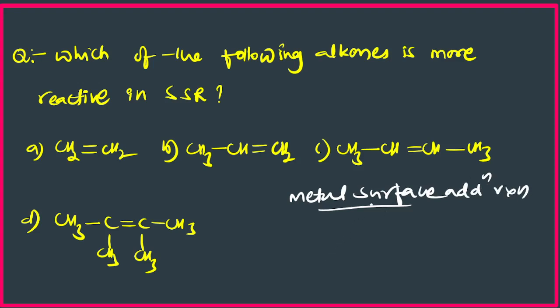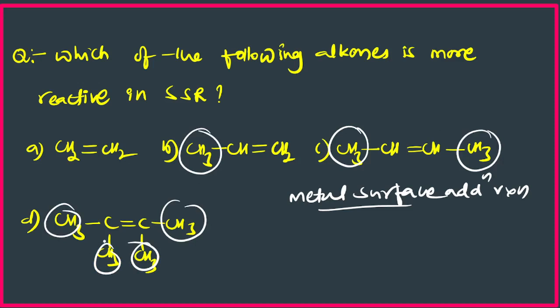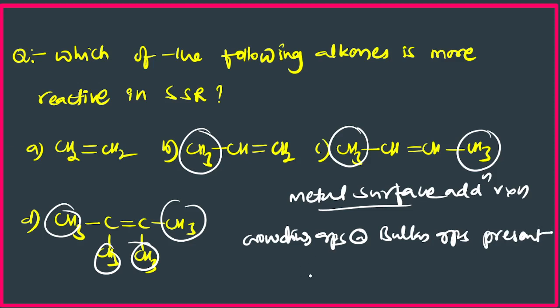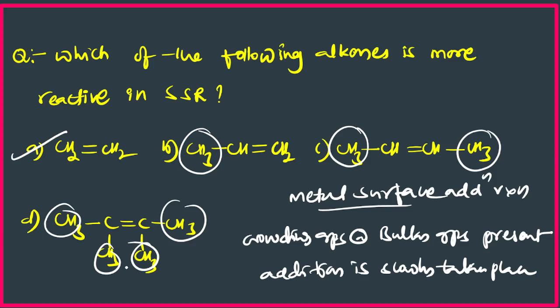In a metal surface addition reaction, when crowding groups or bulky groups are present, addition takes place slowly. Counting the groups, some alkenes have four groups while another has one group. So our option is the first one.